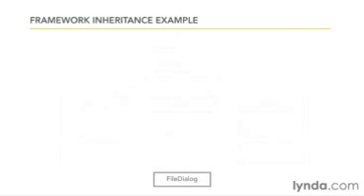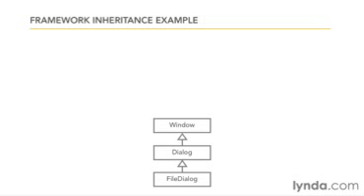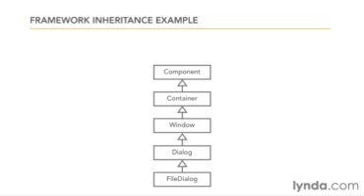In Java, for example, there is a built-in file dialog class which we can use. Well, it inherits from a dialog class, which inherits from the window class, which inherits from the more generic container class, which inherits from the component class, which inherits from the most generic base object class.